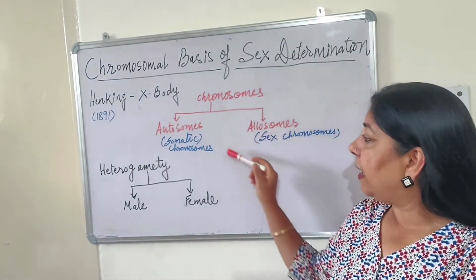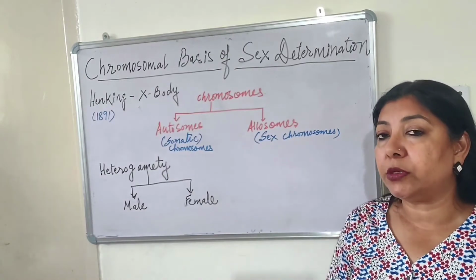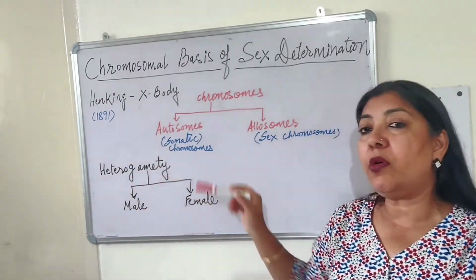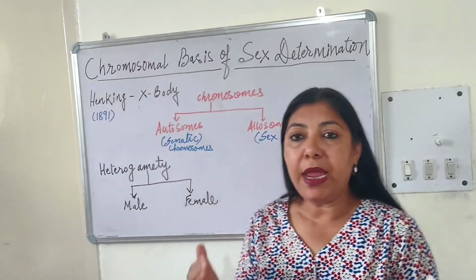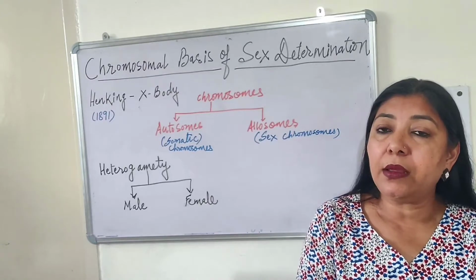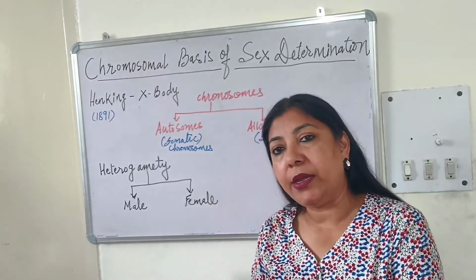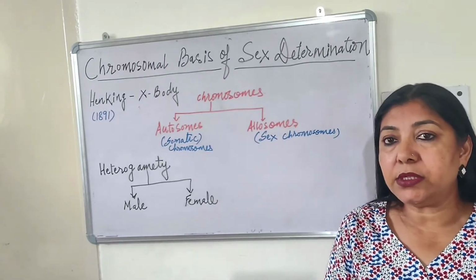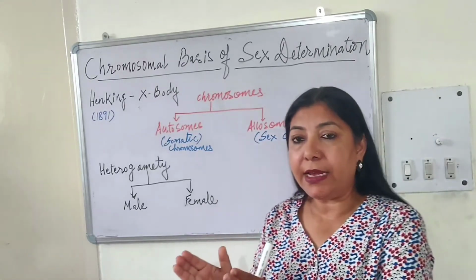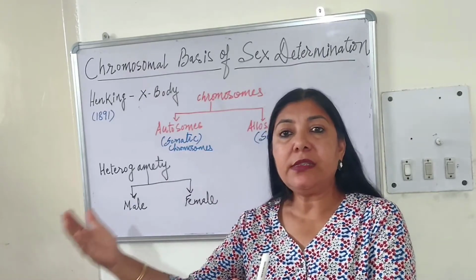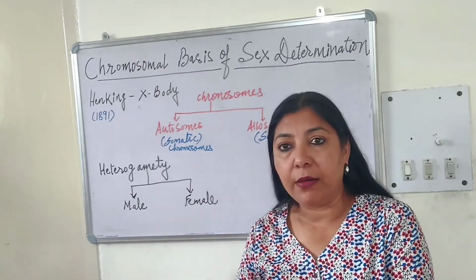Now again, these allosomes may show a process called heterogamety. There may be male heterogamety or female heterogamety. In some organisms, males decide whether the offspring formed is male or female.